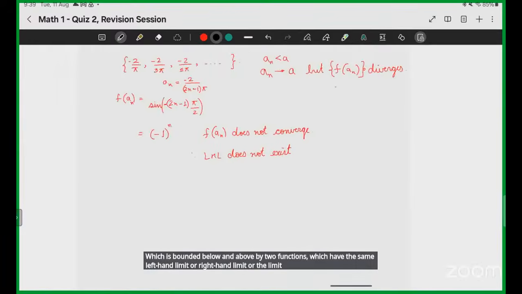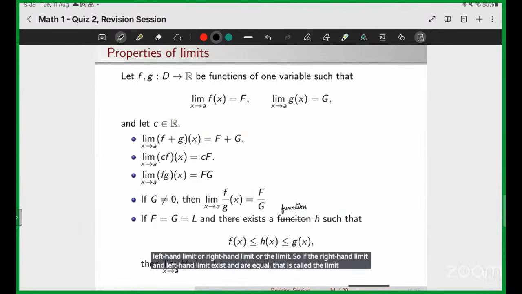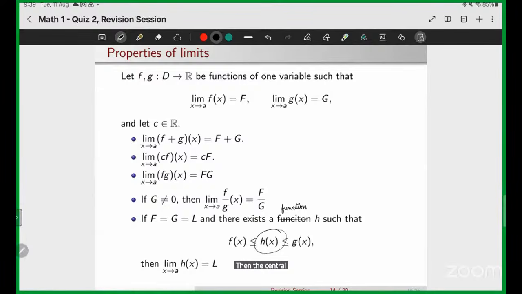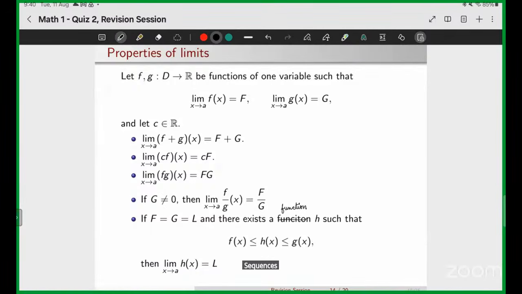So if the right-hand limit and left-hand limit exist and are equal, that is called the limit. And if both of them have the same limit, then the central function also has the same limit. Whatever example we discussed for sequences, you can make an analogous example for functions also.